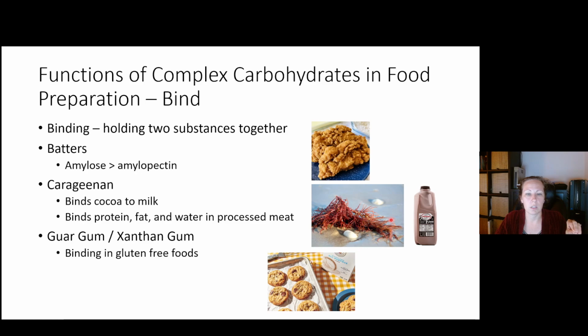And that's because in regular gluten foods, gluten itself provides binding, and really helps with the structure of those foods. And so you need to have something in there to replace that, to get the same kind of binding, so your cookies, for example, stay together and don't crumble. And that is something that the gums provide.